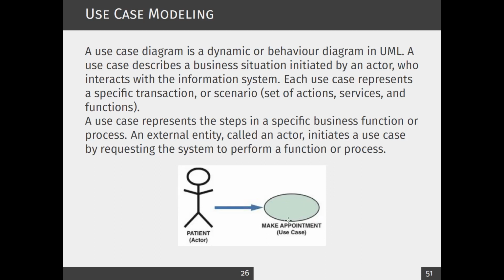Actually, you can put this inside if you want, because in this book they put it outside, but in many books you will see it represented inside, which represents the use case. The arrow indicates that this particular person interacts with this particular use case. So that's what we are representing here.